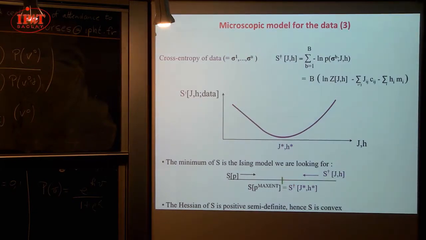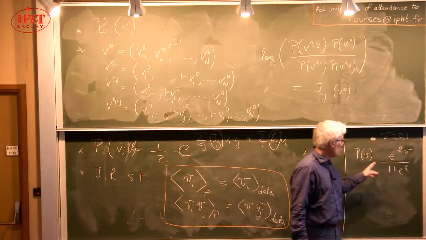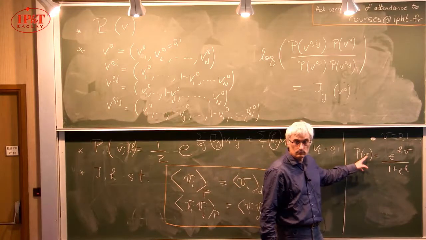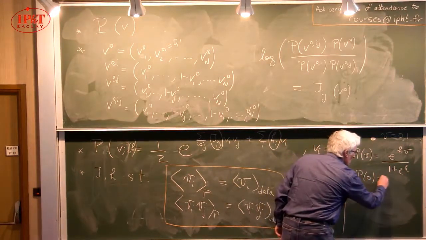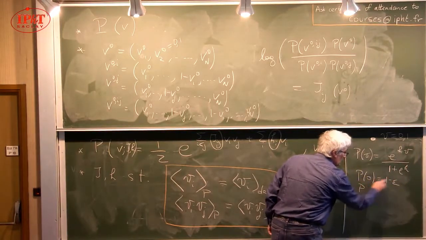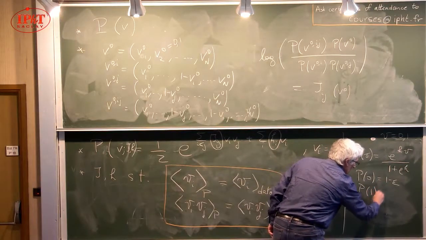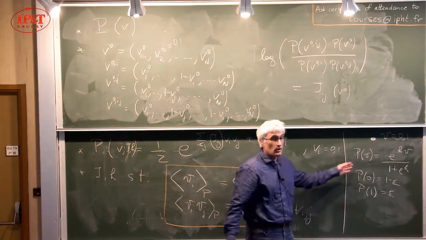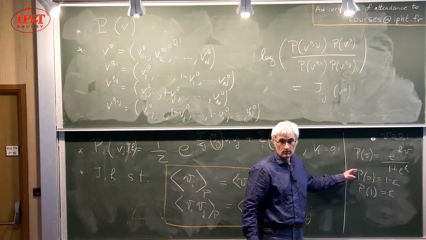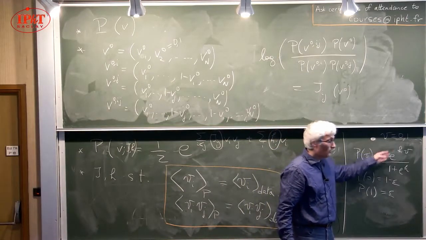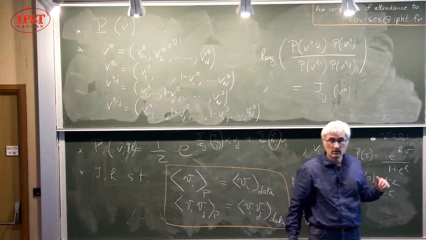Now, if h is very much negative, then p of 0 will be much larger than p of 1. So you can have p of 0 equal to 1 minus epsilon, and p of 1 equal to epsilon, where log epsilon is giving you h. Now, if the number of configurations you have is smaller than 1 over epsilon, you will always see 0. That means that the value of h which best fits your data is h equal to minus infinity. So the minimum will be at infinity.